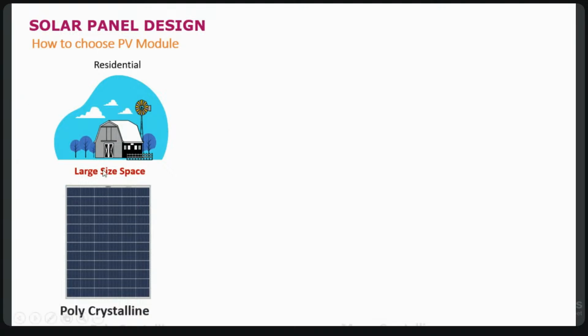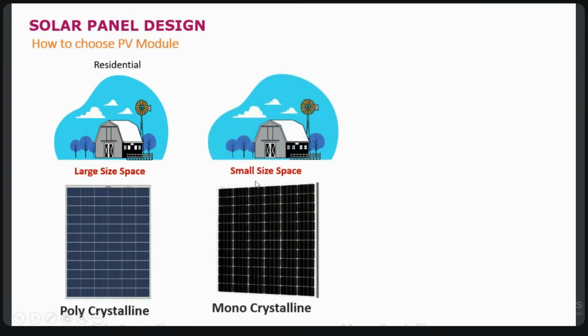For residential with a large space, generally we can use polycrystalline, and for a small space, we need to extract more solar energy. Even in the normal evening time, monocrystalline will help in generating voltage, but not poly. So in a small space, generally we use monocrystalline.